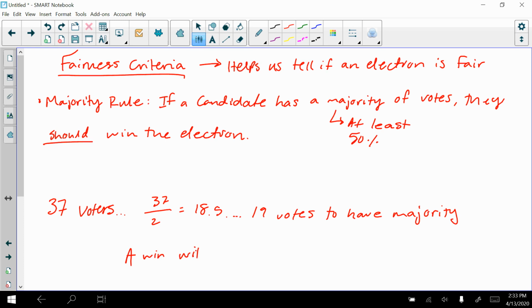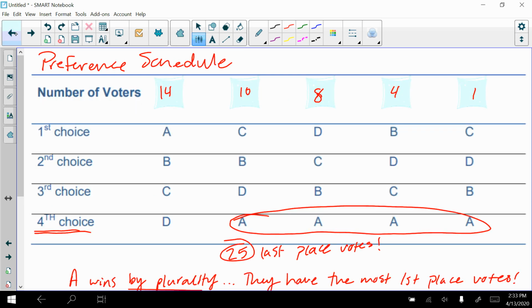A wins with 14 votes. That's much less, relatively, than the 19 votes needed for a majority. So they do not have a majority of people voting for them. But underneath the plurality, they have more votes than everybody else.